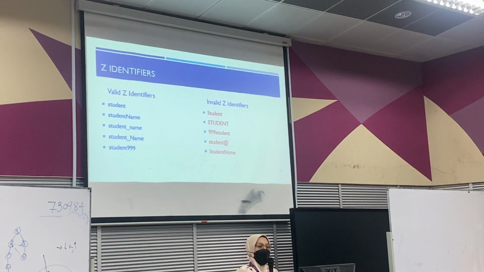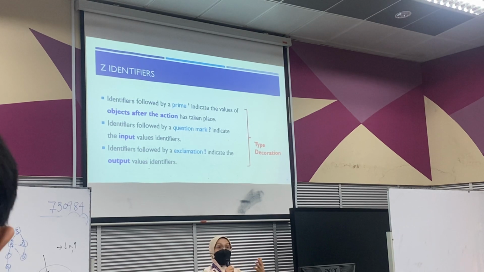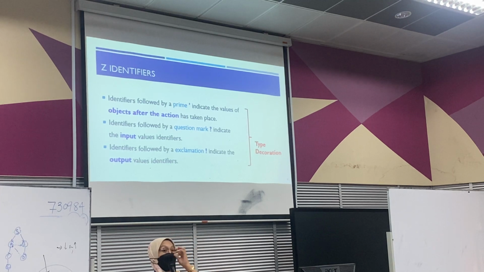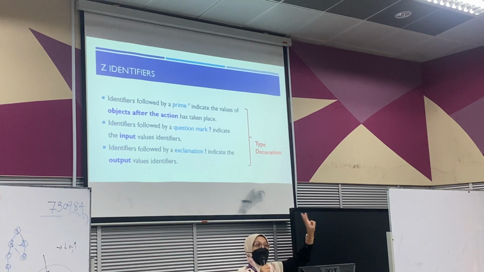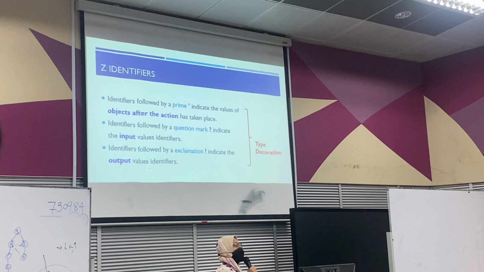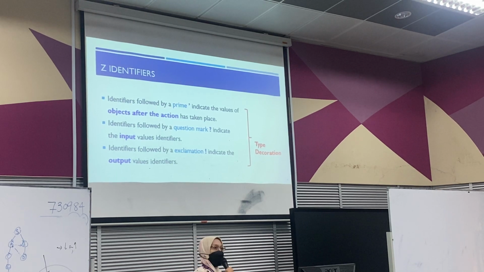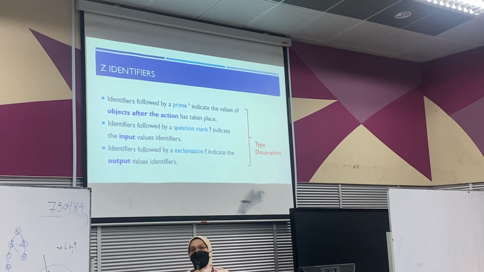Okay, so the next one is related to identifier. Even though we say there are a few symbols like dollar sign and so on that cannot be used with the identifier, there are 3 symbols that can be used with identifier. We call this a decoration, type decoration. This is a special case symbol where you use it to indicate something in your schema.